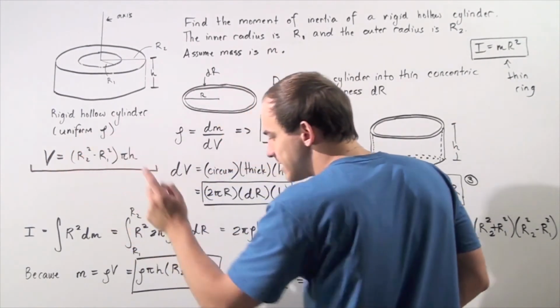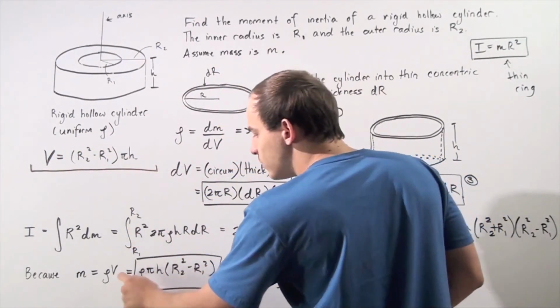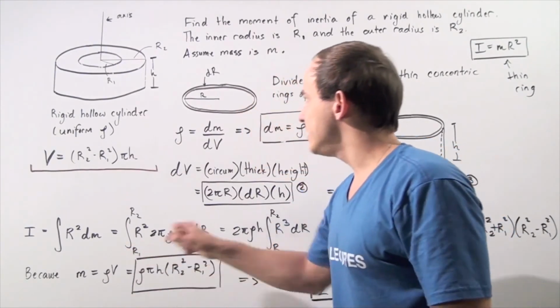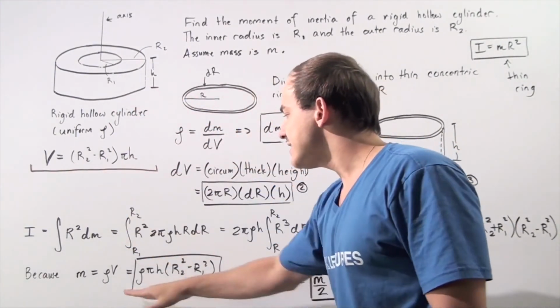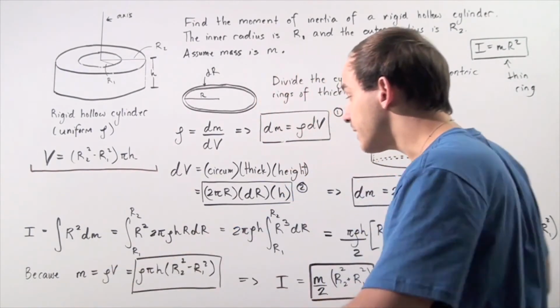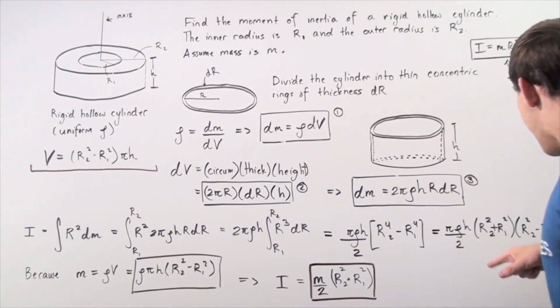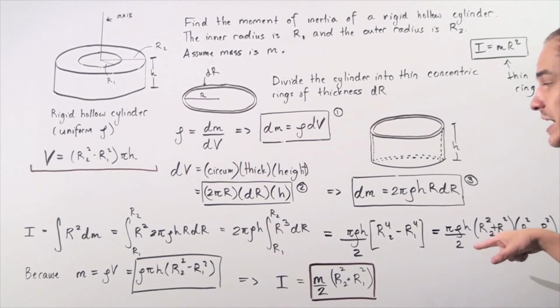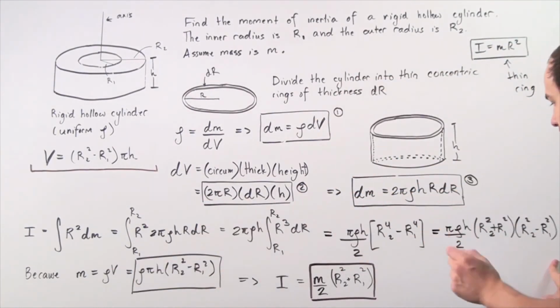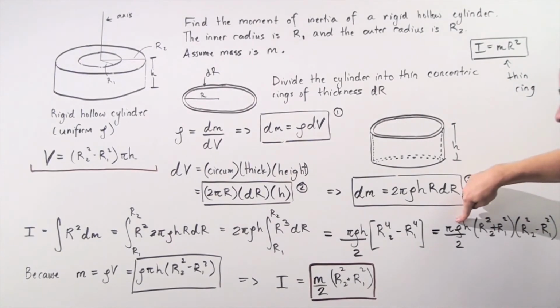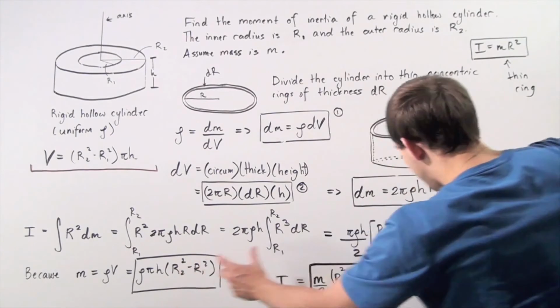We take this and plug it into the equation, and we get that our density multiplied by pi h multiplied by this is equal to the mass. Notice that what appears in this term is the rho, the pi, the h, and one of these terms.